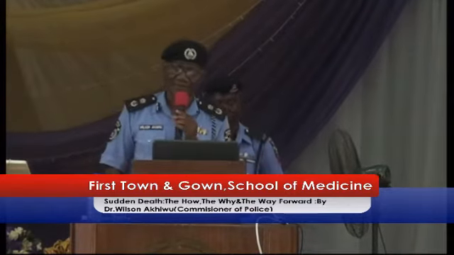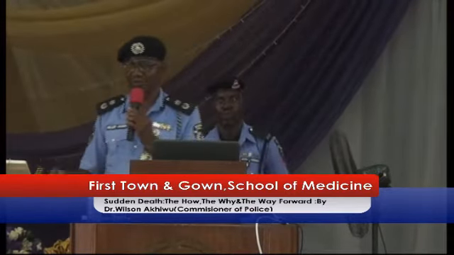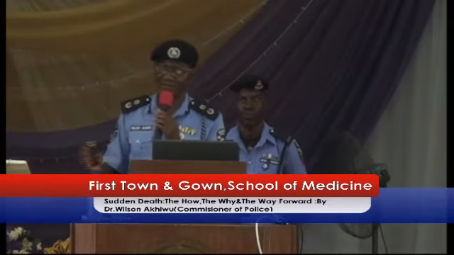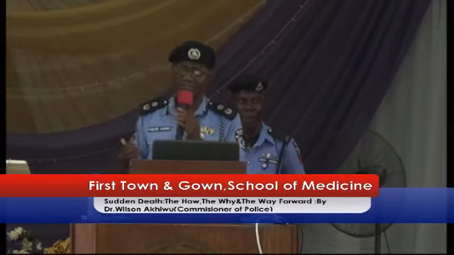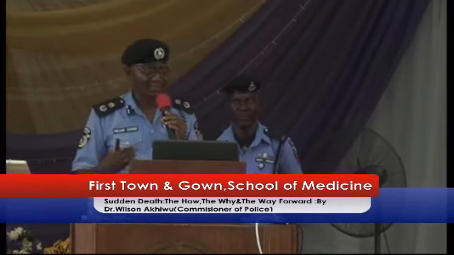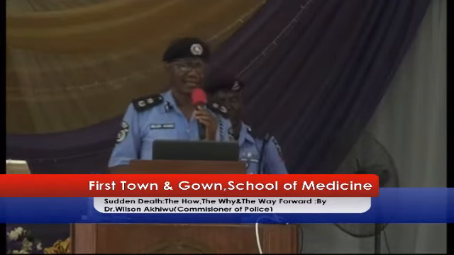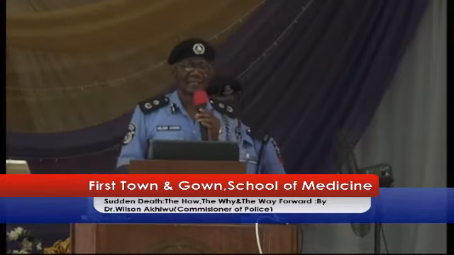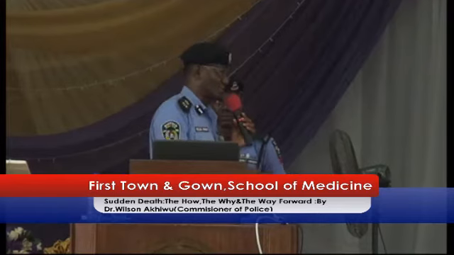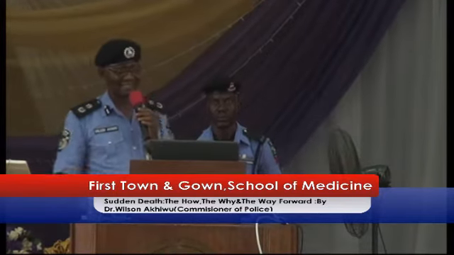It's only in suicide that a crime has been committed, but the person who committed the crime is dead. Therefore, you cannot take anybody to court. Suicide means you have taken your own life. You can also classify sudden death as deaths outside the hospital or as deaths inside the hospital.